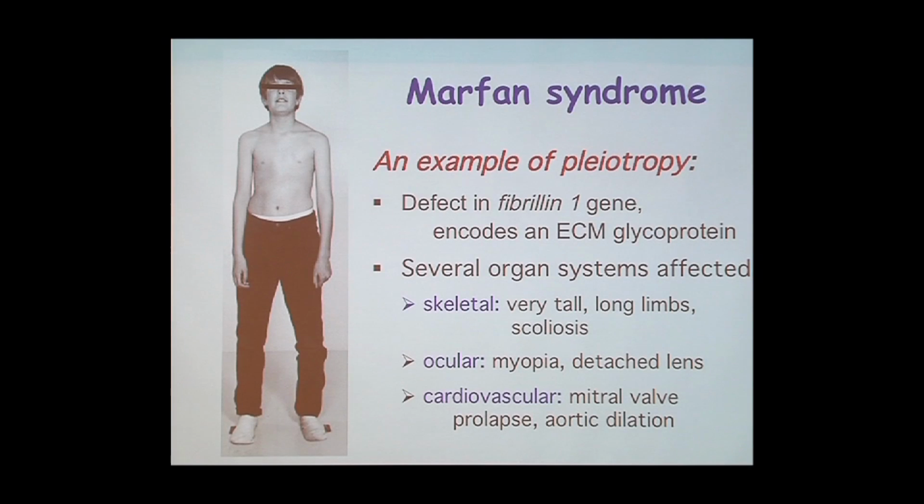Ocular problems, with their eyes, myopia, and they have detached lens. So there's a problem with the connective tissue there. And cardiovascular problems, so they have heart defects. Again, there are some defects in the connective tissues in the heart. So Marfan syndrome is an example of pleiotropy because this one gene can affect all these different systems, okay?